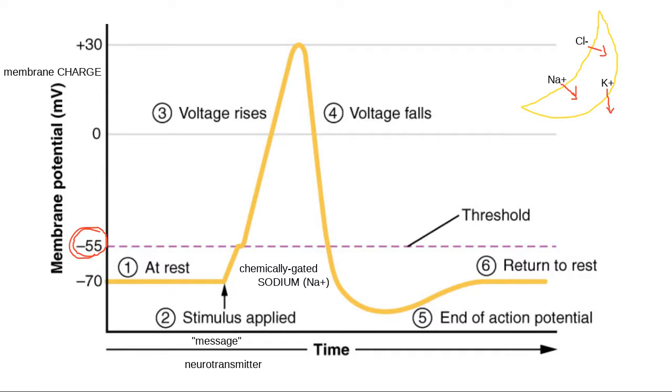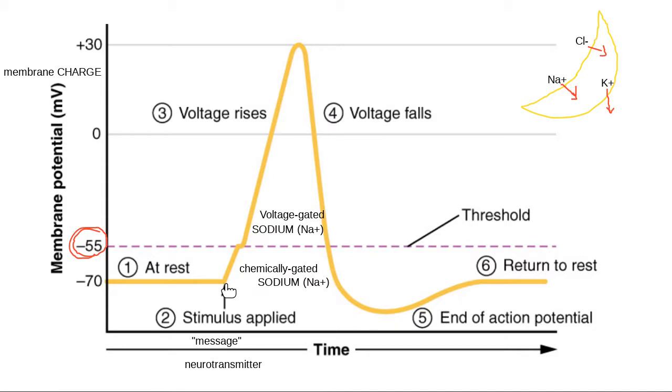Those are voltage gated. When I hit threshold, voltage gated sodium channels open up. These ones need the membrane charge to be different, right? That's what voltage gated means. The charge has to be different.